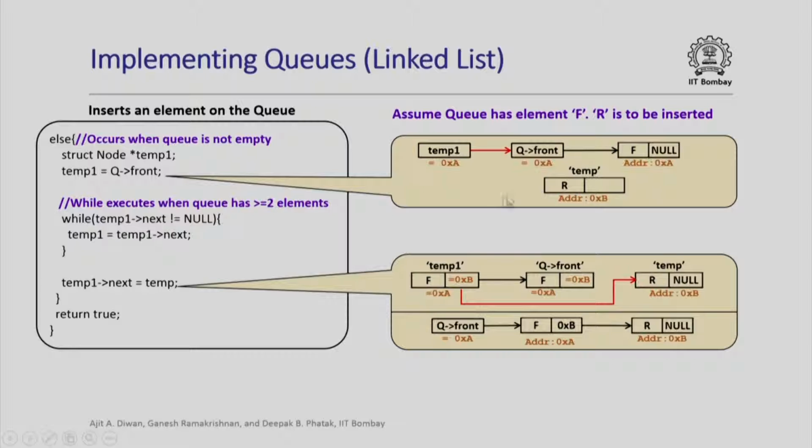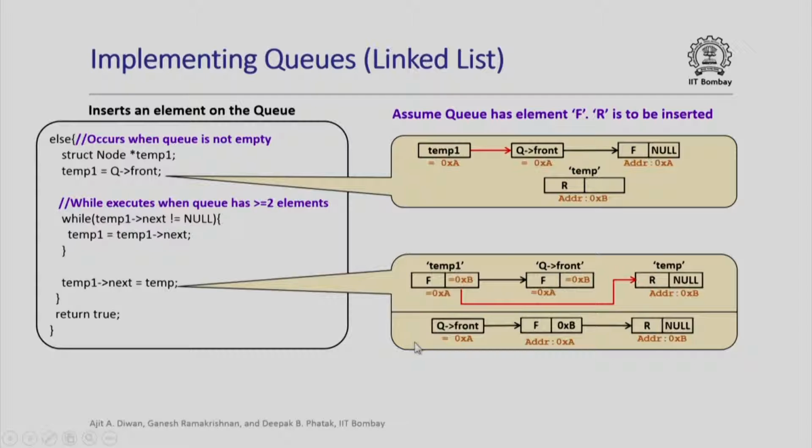Remember, temp contains the new element to be inserted. Now temp1, which currently is this, I need to actually move the queue front, which was f, to point to r. So notice how I am doing it. Temp is now given the value temp1 next and I will return true.